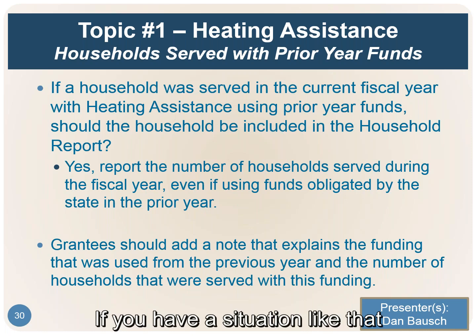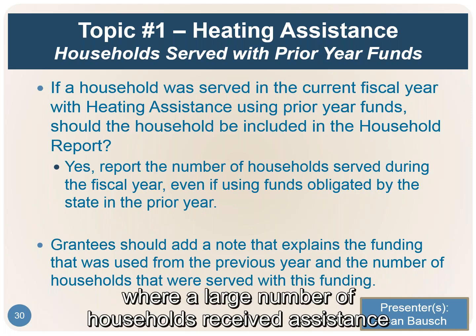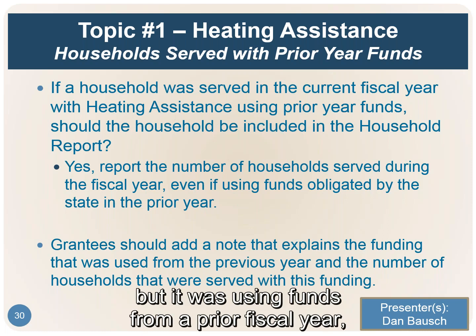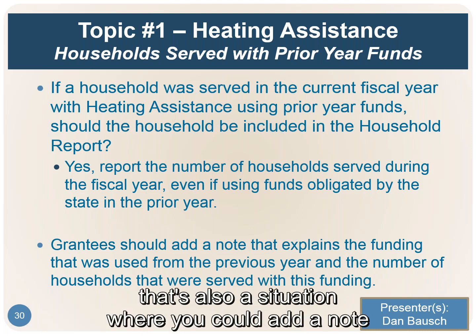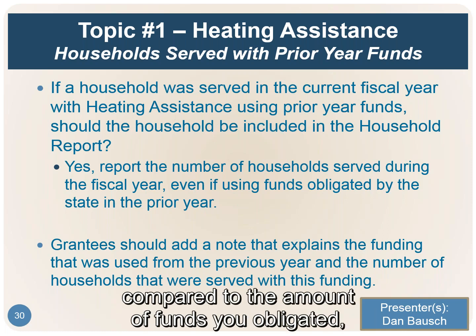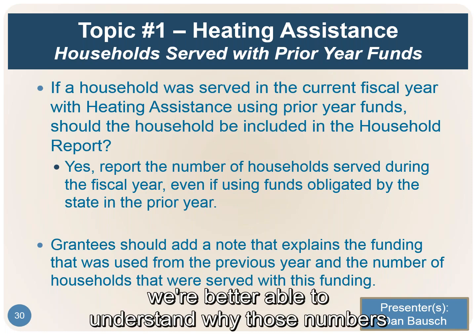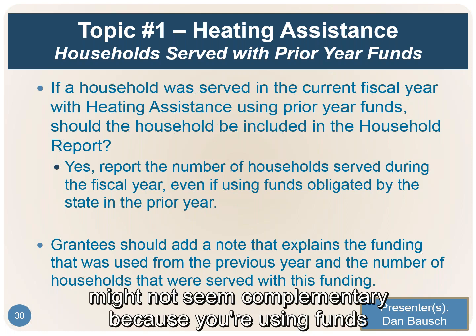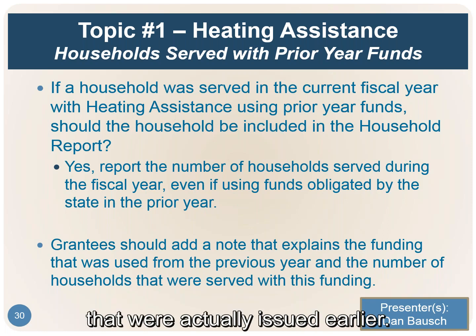If you have a situation like that where a large number of households received assistance, but it was using funds from a prior fiscal year, that's also a situation where you could add a note so that when we see the amount of households served compared to the amount of funds you obligated, we're better able to understand why those numbers might not seem complementary because you're using funds that were actually issued earlier.